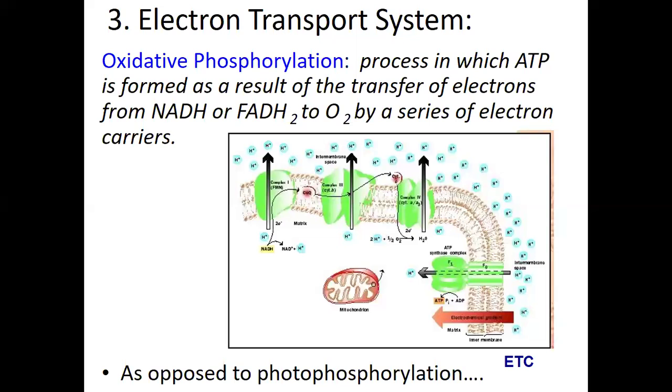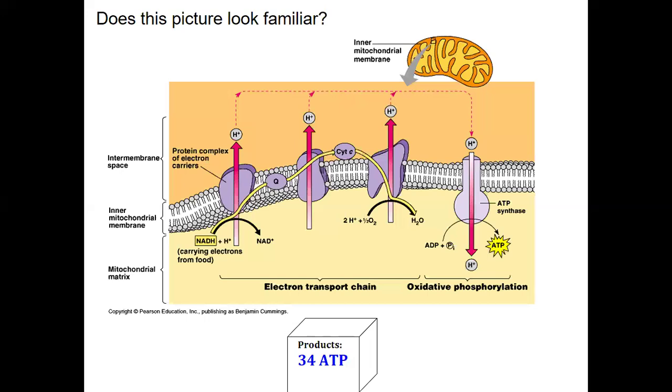That region between complex 1, complex 3, and complex 4 is where the electron transport chain occurs, and this last region is the oxidative phosphorylation. So these complexes involve the electron transport chain, while this space involves oxidative phosphorylation.